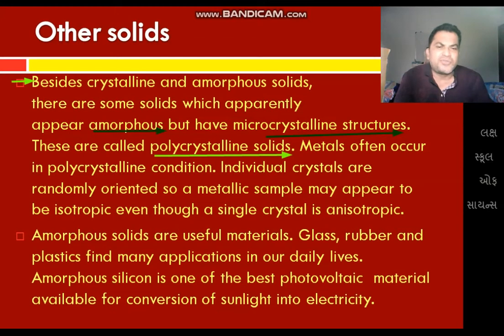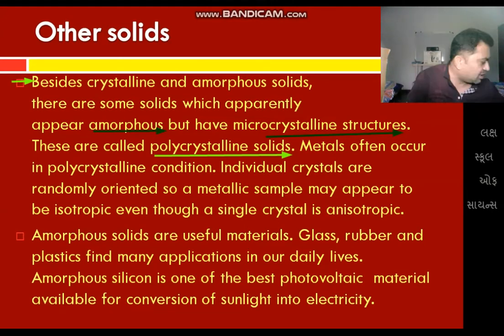Amorphous solids are useful materials. Glass, rubber and plastics find many applications in our daily lives. Amorphous silicon is one of the best photovoltaic materials available for the conversion of sunlight into electricity. So not only this, we can say that amorphous solids are very useful in our life.